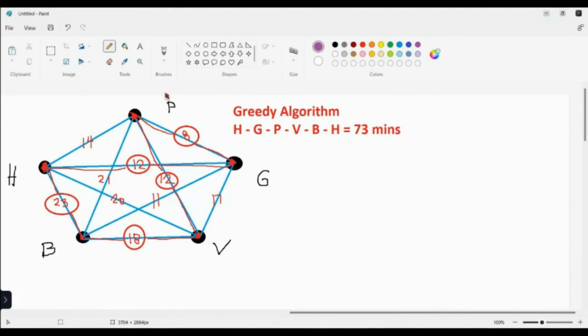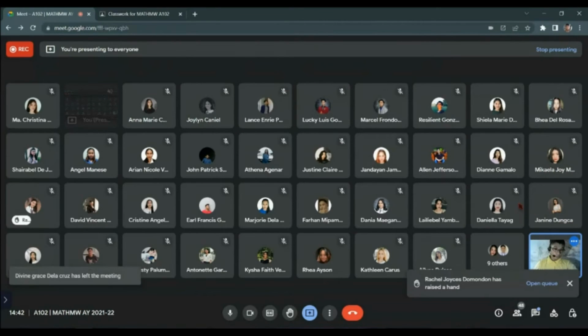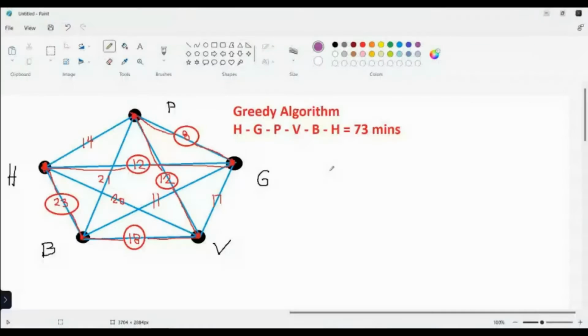Okay? So, we'll start from identifying among these edges here, which has the smallest weight. Or it's the same way of asking, between what two locations allows Susan to travel the shortest time? Anyone? Rachel.